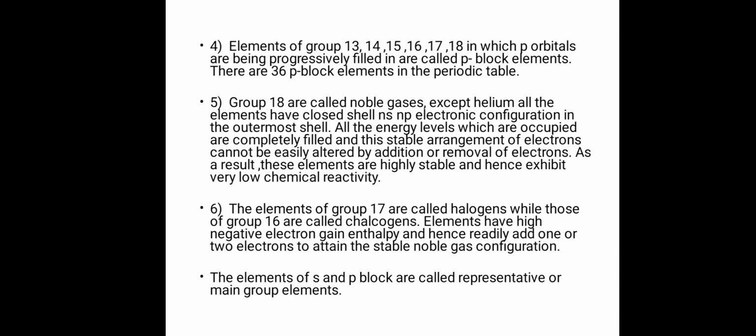That's why they are otherwise called inert gases. The elements of group 17 are called halogens, while those of group 16 are called chalcogens. These elements have high negative electron gain enthalpy and hence are ready to add 1 or 2 electrons to attain the stable noble gas configuration. The elements of s and p blocks are called representative or main group elements.